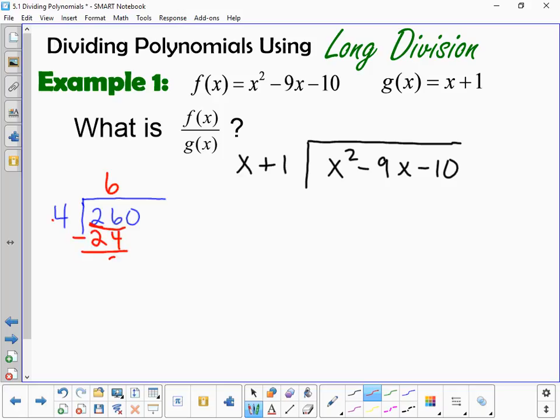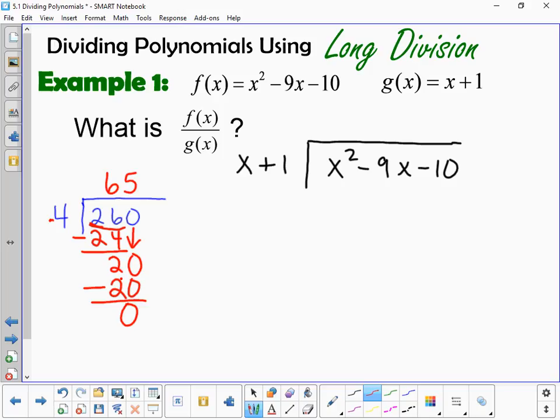You subtract that to get 2, and you bring down the 0. And then you think again, how many times will this 4 go into 20? And the answer is 5 times. And then you multiply 5 times 4 is 20, and then you subtract. In this case, we got a remainder of 0. So 260 divided by 4 is 65.